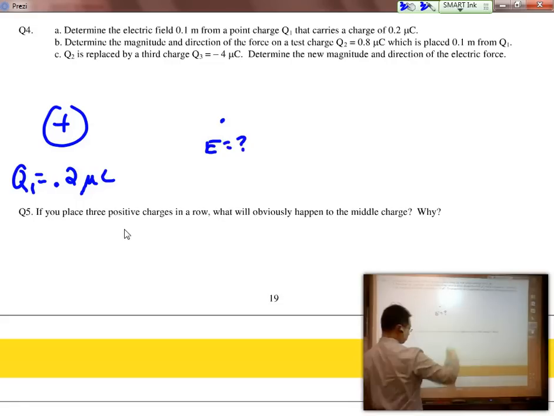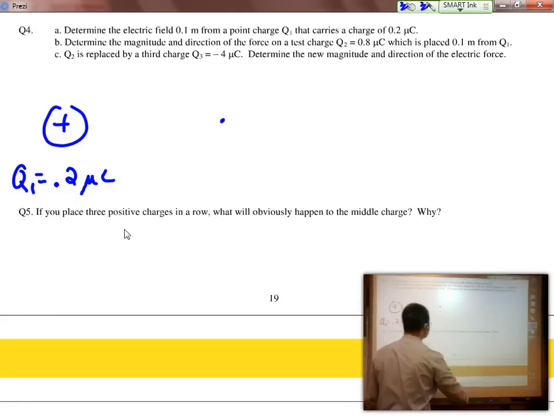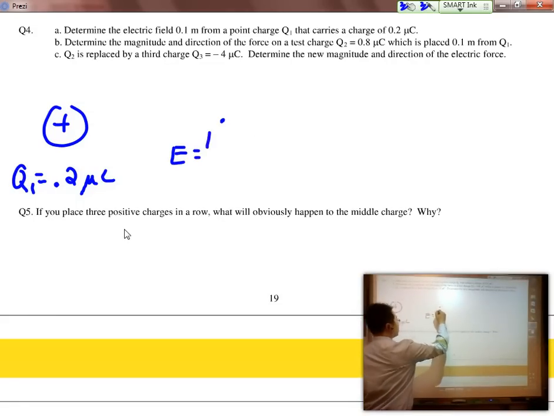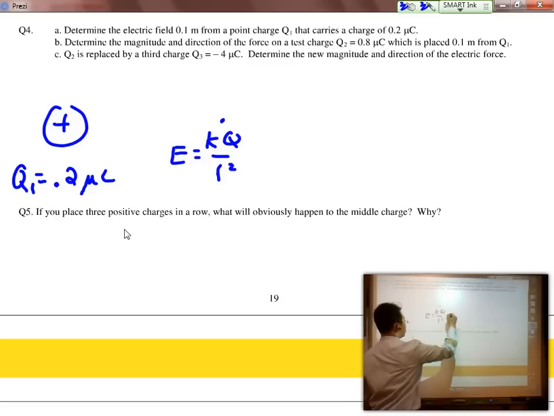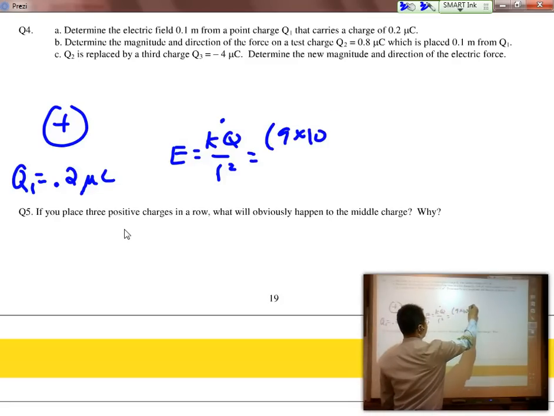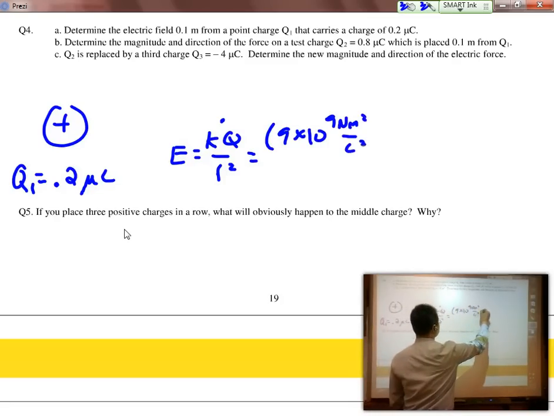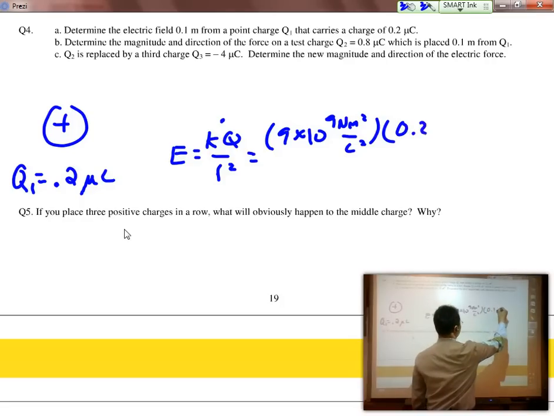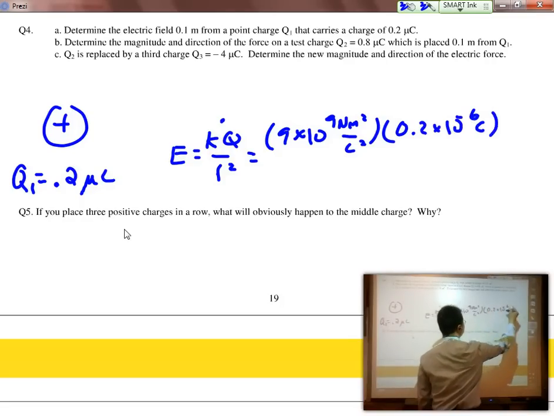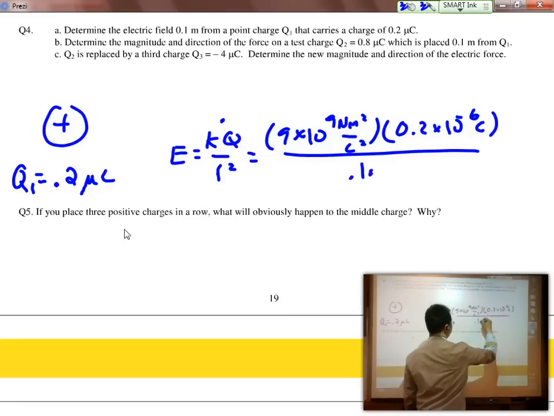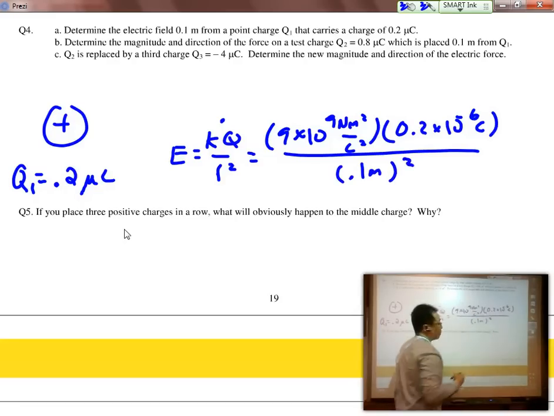So E, of course, is equal to KQ over R squared: 9 times 10 to the 9th, times 0.2 times 10 to the -6, divided by 0.1 meters squared.